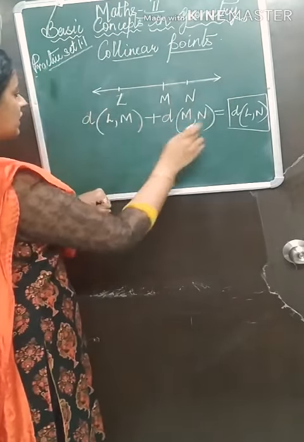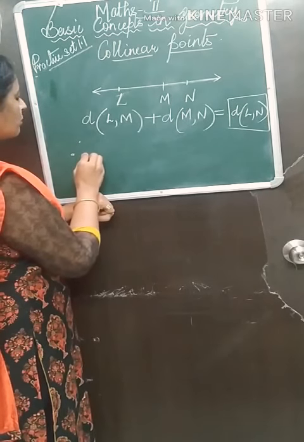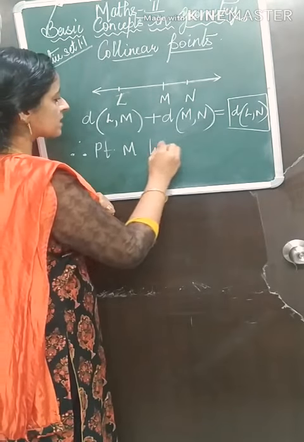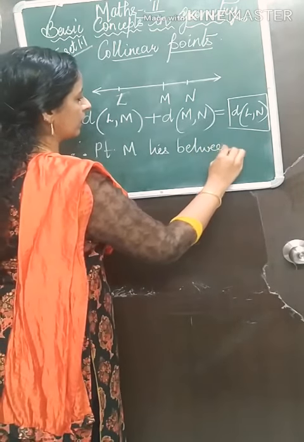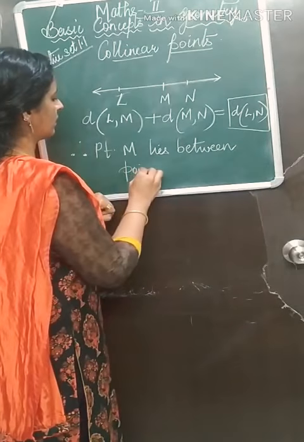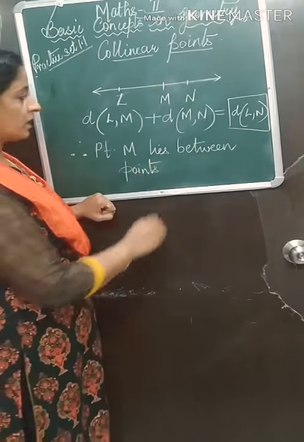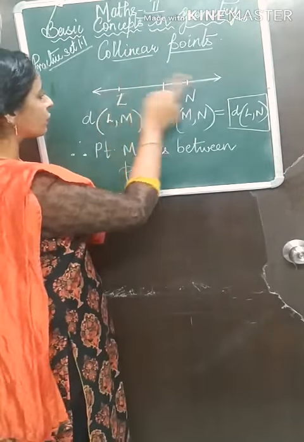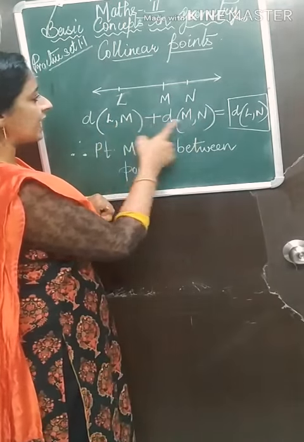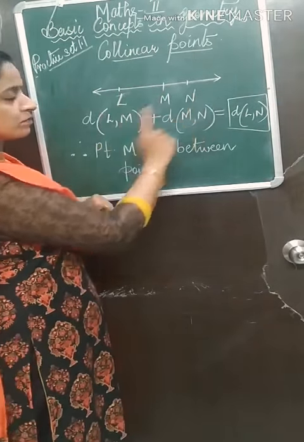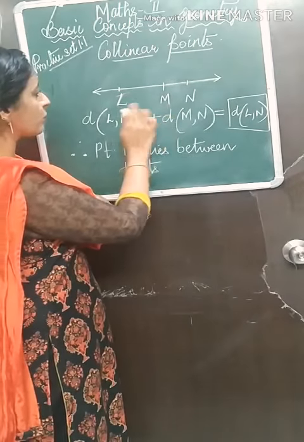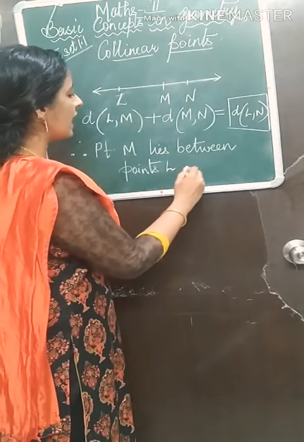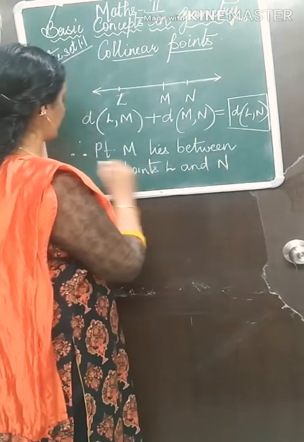So from this condition, I can also write one more property, that point M lies between points L and N. M is between L and N.